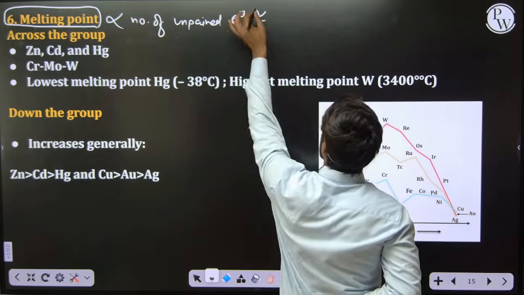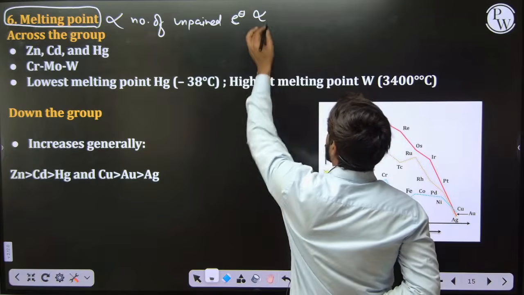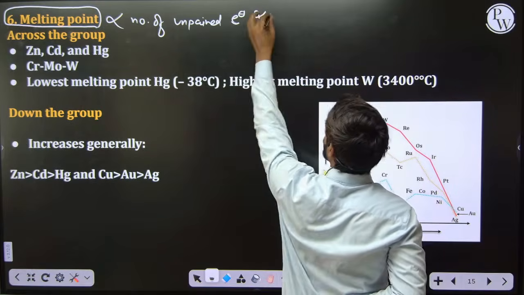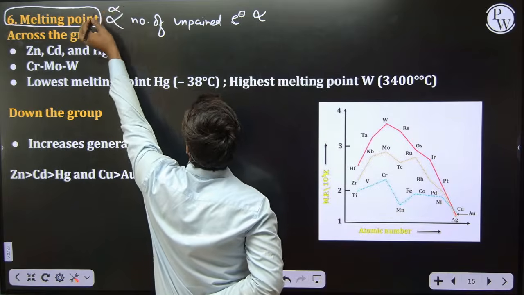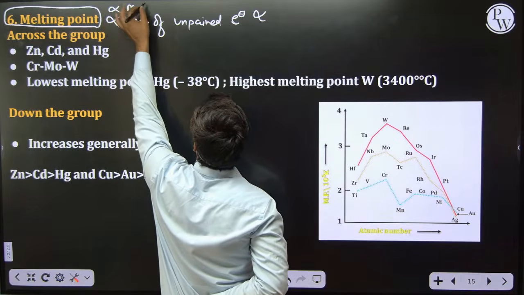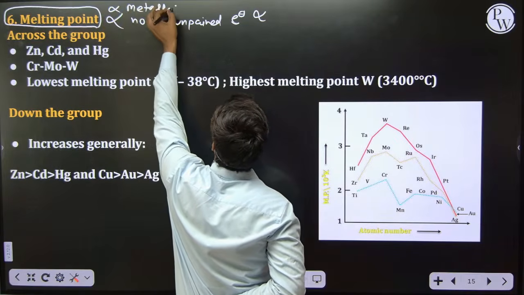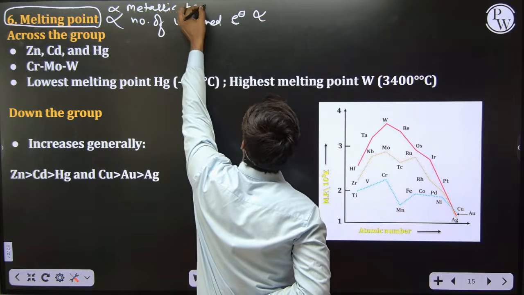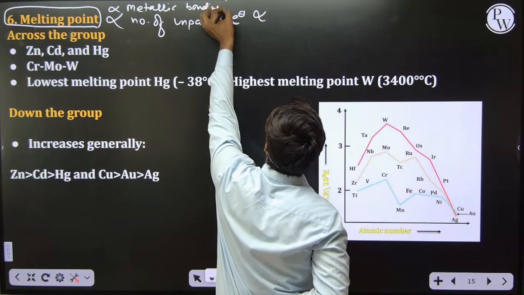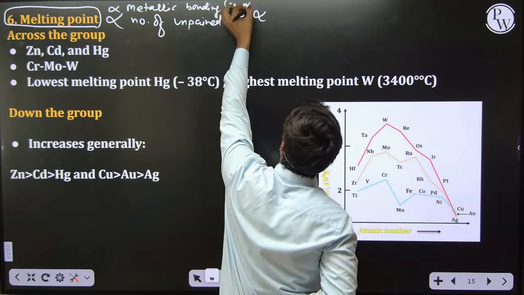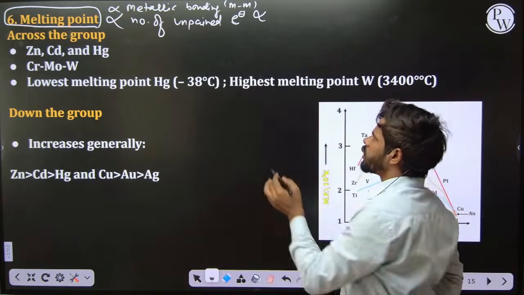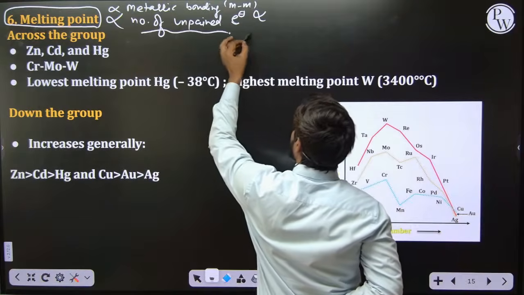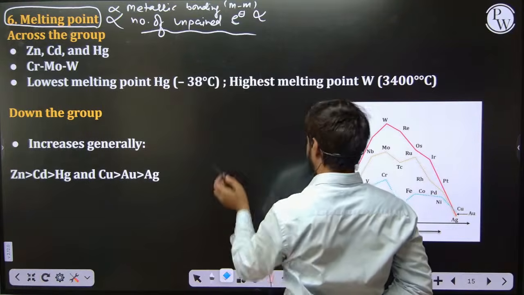So melting point depends on the metallic bonding, and metallic bonding, the bond between metal and metal, depends on the number of unpaired electrons.